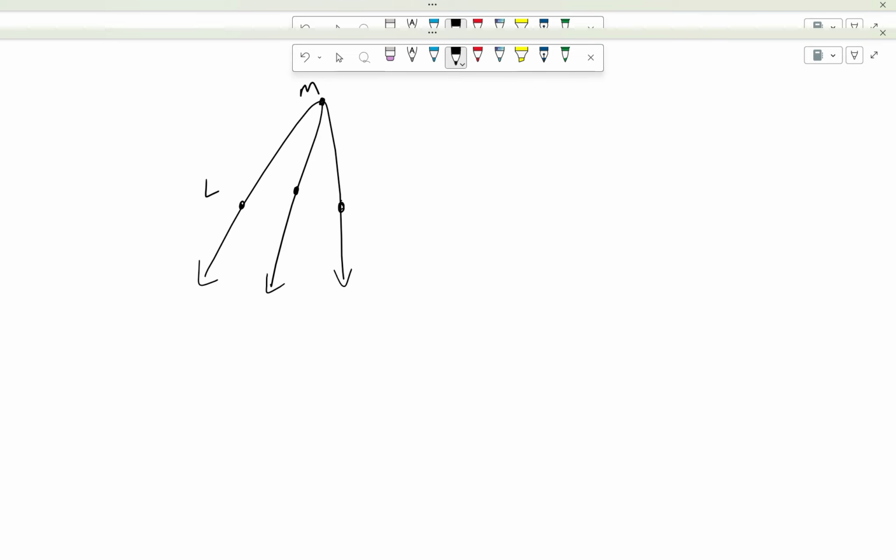This is L, M, N, P. What's given here is that we have ray MP, which bisects angle LMN. And what we're going to prove is that 2 times angle LMP is equal to the measurement of angle LMN.